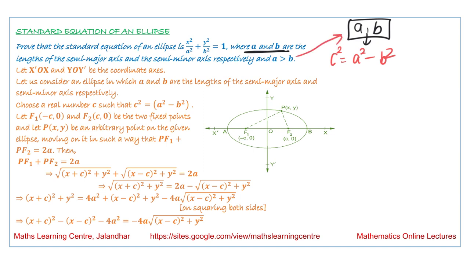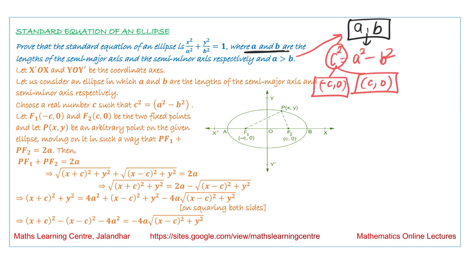It is given that a is greater than b. From this c, we obtain two points, one is the point minus c, 0 and second is the point c, 0. These are the foci of the given ellipse.